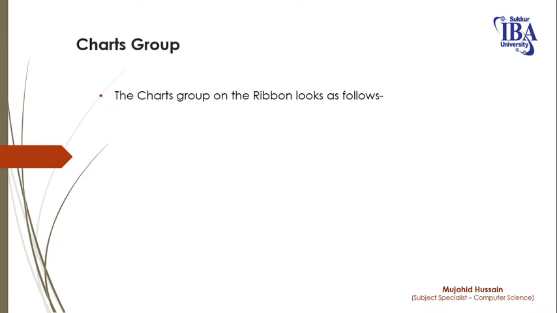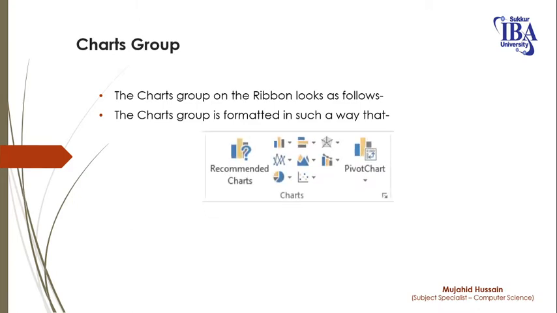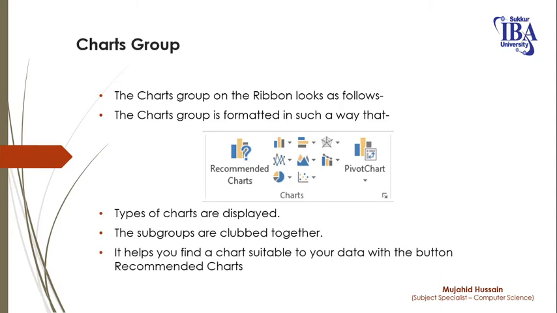The charts group on the ribbon looks as follows. The charts group is formatted in such a way that the different types of charts are available, and recommended charts. Basically, a recommended chart is a format which is related to the data you have entered in the worksheet.